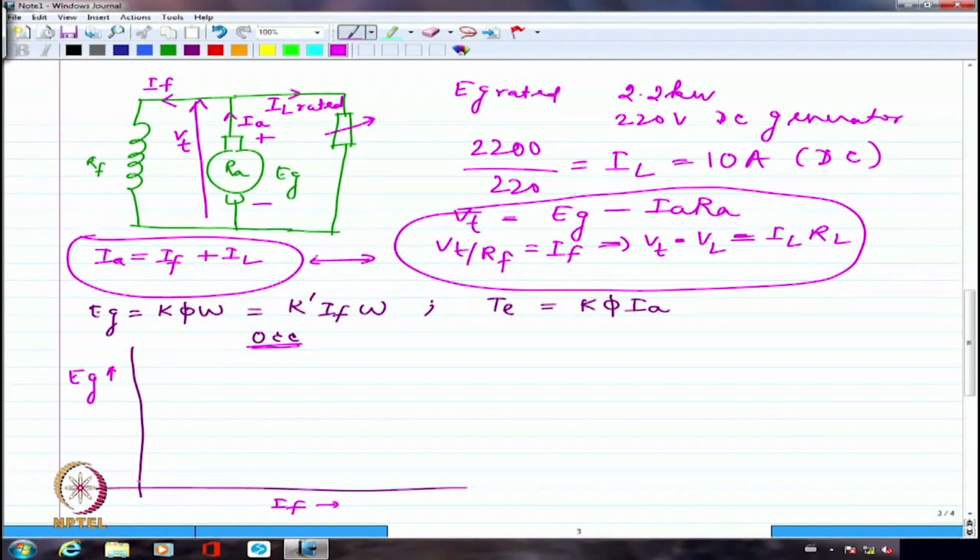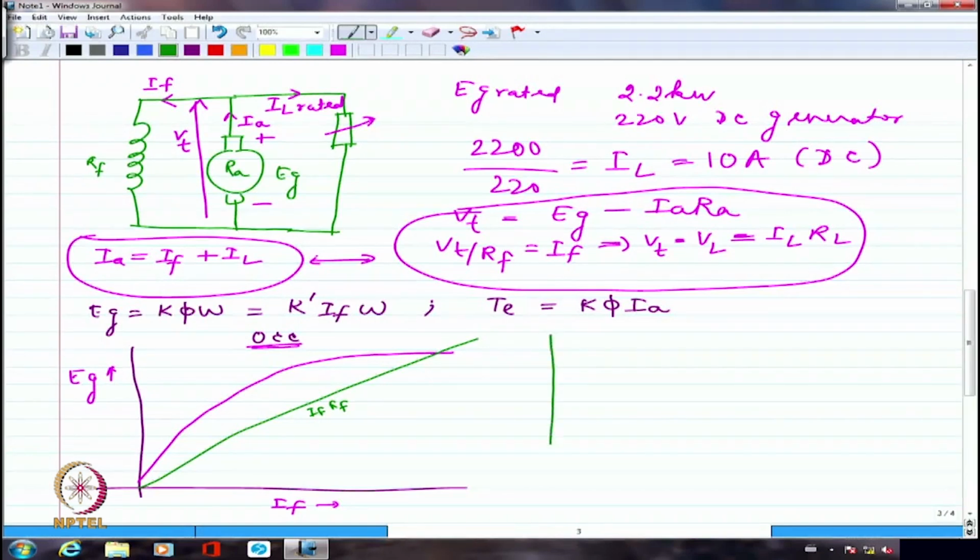I'm probably going to have this as my OCC, and let me look at the resistance line somewhat like this. So this is going to be the IF RF characteristics. I'm showing a very, very small margin, so we may not be able to really load the generator much, but nevertheless, let us look at how to go about drawing the external characteristics.